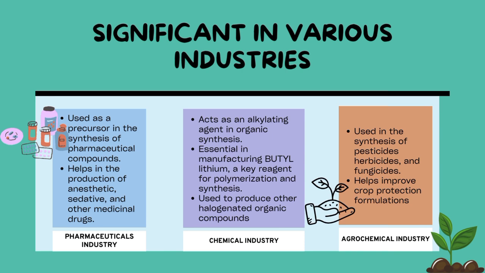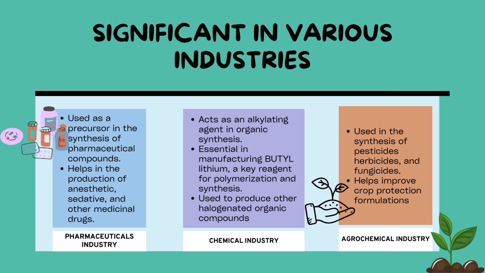Butyl chloride is significant in various industries. First, pharmaceuticals industry, used as a precursor in the synthesis of pharmaceutical compounds, in the production of anesthetics, sedatives, and other medicinal drugs.